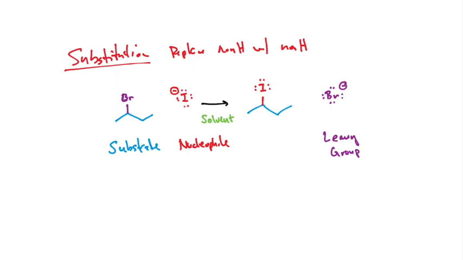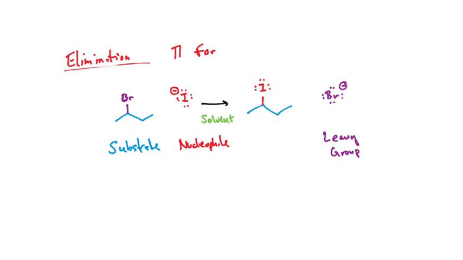Okay? What happens if instead of this being a substitution, it was an elimination? Okay? In an elimination reaction, we have a pi bond formed, and 2 sigma bonds broken.